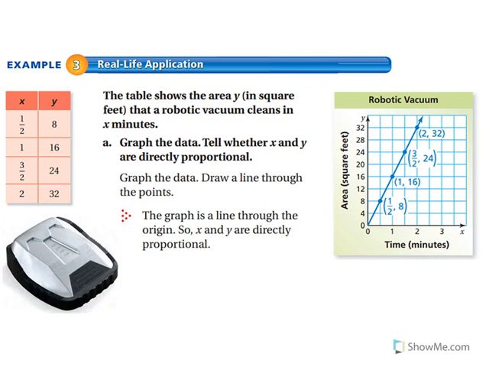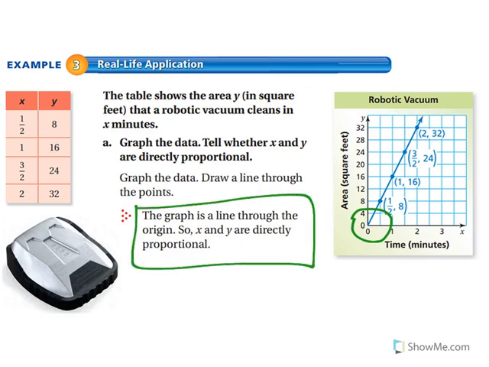And when we connect our dots and make a line, you can see that this line crosses through the origin, and so that tells us something. As we know from earlier, if the line goes through the origin, through that 0, 0 ordered pair, then x and y would be directly proportional. So we can tell that based on our graph of the word problem.